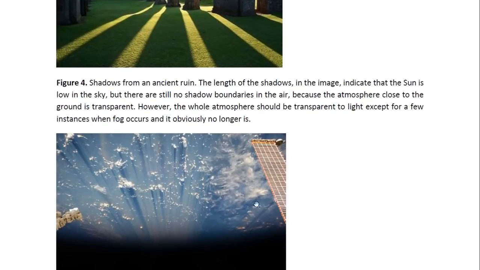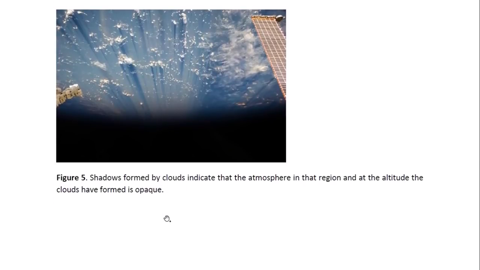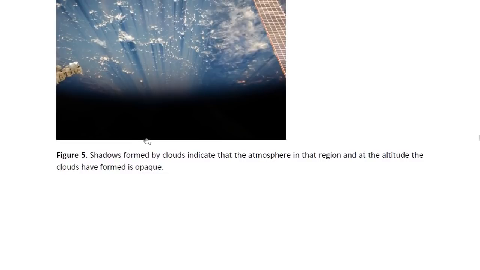We cannot have a huge section at high altitude having produced fog, and yet this seems to be what we have. We have an opaque layer in the atmosphere that's giving rise to these shadow boundaries formed by clouds. So these shadow boundaries indicate the atmosphere in that region and at that altitude has become opaque.